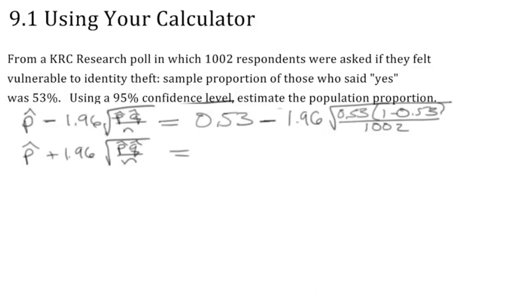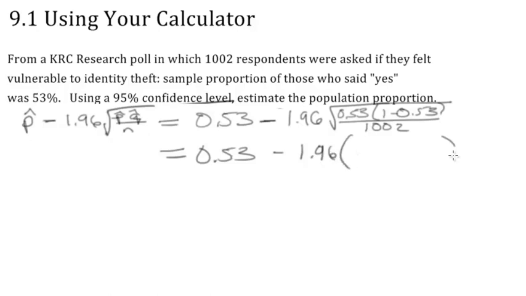Normally I would just shove all of this into my calculator, but to make sure it's going into your calculator correctly, I'm just going to do one step here. Minus 1.96. What does this equal?